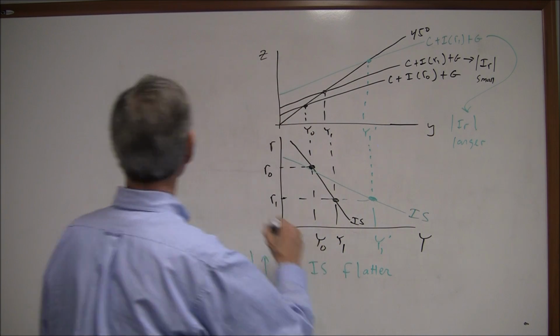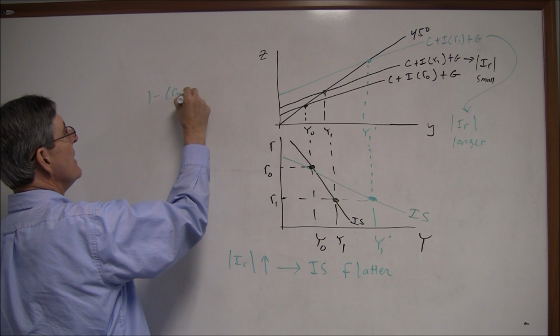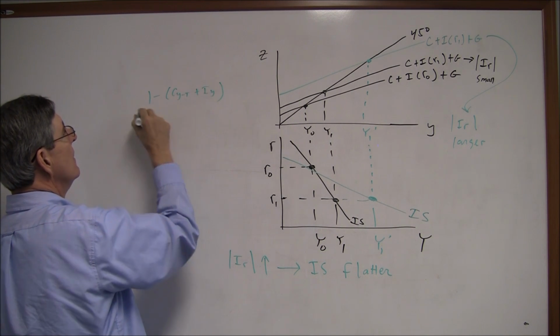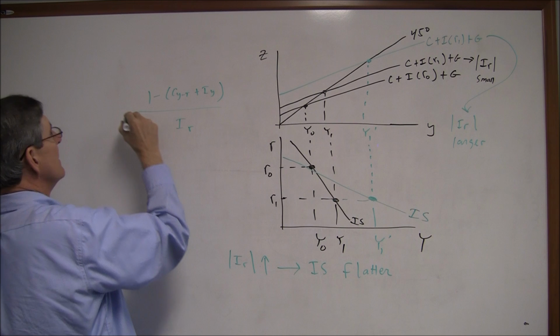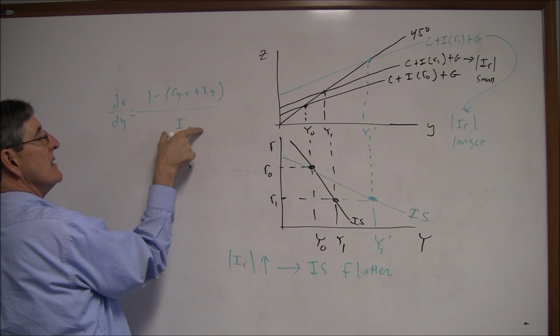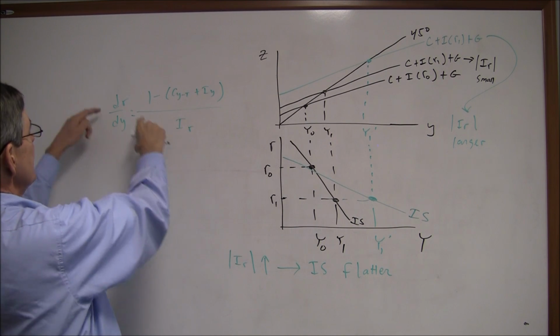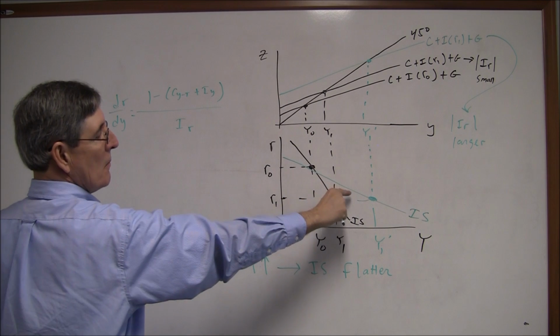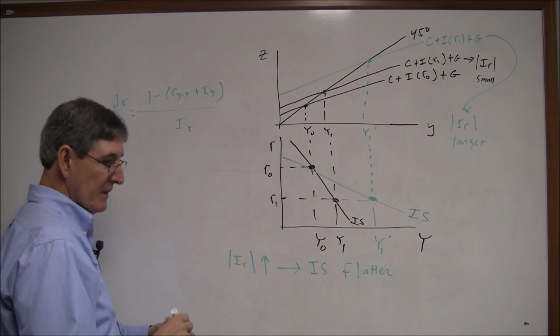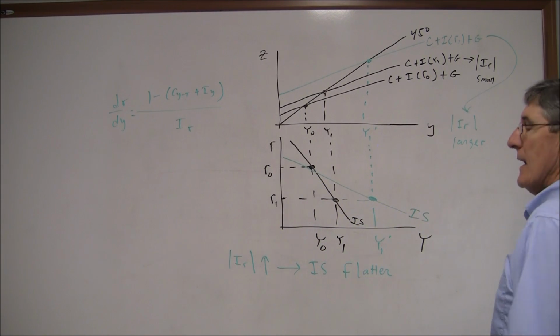And if you go back and look at that slope formula, 1 minus C of Y minus T plus I of Y over I of R, that's dr dy for the IS curve. You can see that as this gets to be a bigger number, you're going to get a smaller slope, a flatter curve. And so I of R going up flattens the IS curve.